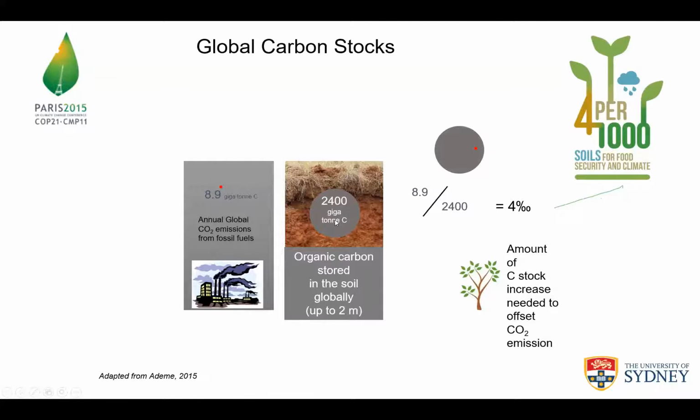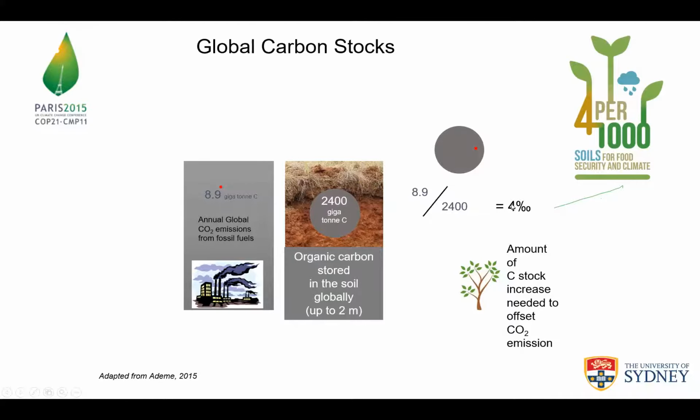If we compare this annual emission of 8.9 with the total global storage, it's just 4 per 1,000, or 0.4%, right? So theoretically, if you increase the soil carbon by 0.4% throughout the world, you can effectively remove the CO2 that is being emitted by fossil fuel and put it in the soil, right?